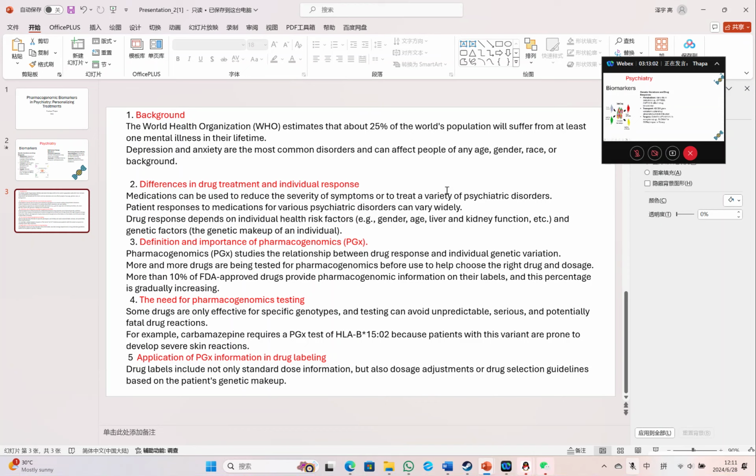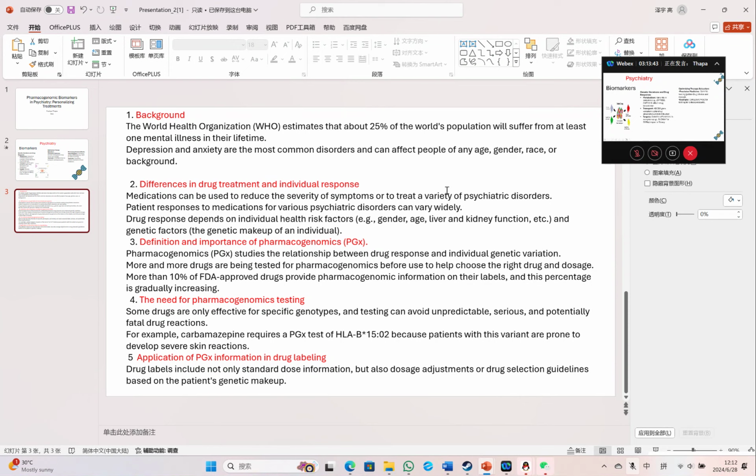Another issue is the transport of the drugs, due to the gene. Another one is targets, for example SLC6A4. This is a serotonin transporter gene, which is used to predict the response to SSRIs. Genetic variation in this gene impacts the efficacy of the drug that we use.